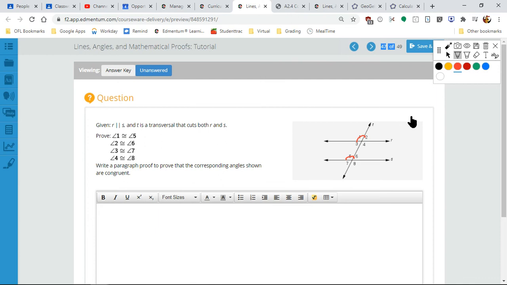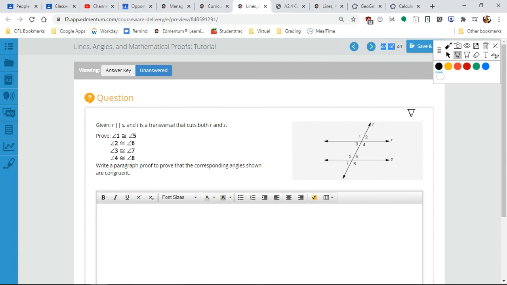Also 2 and 6. The idea is that if we were to take this angle and translate it down, that's what makes a corresponding angle. They correspond because we're translating it down. So we're going to write a proof on why these angles would be congruent.